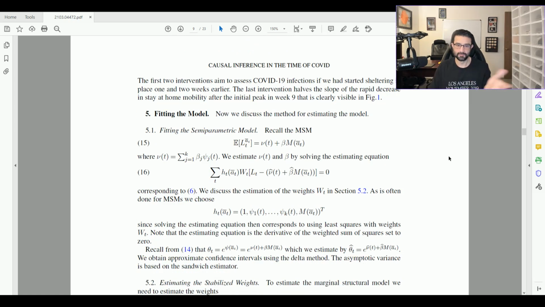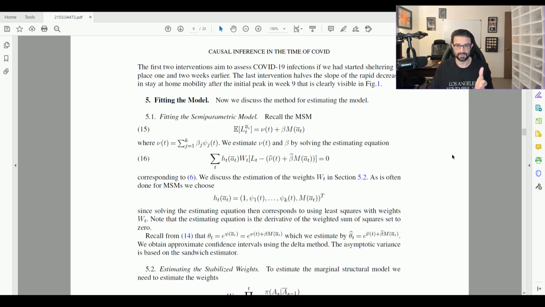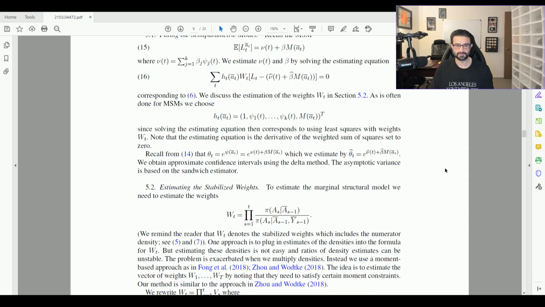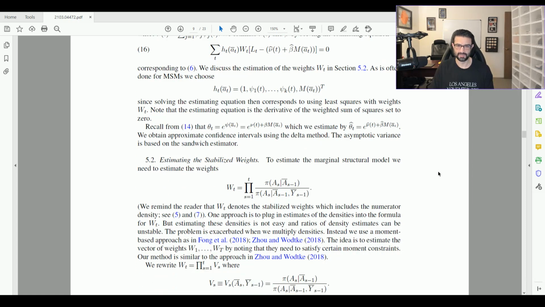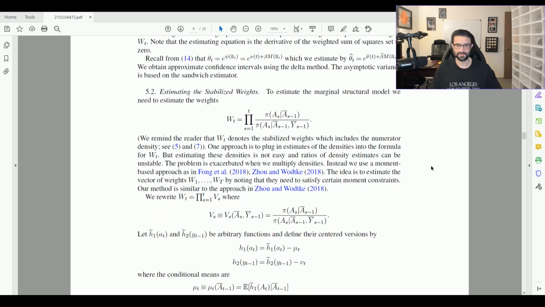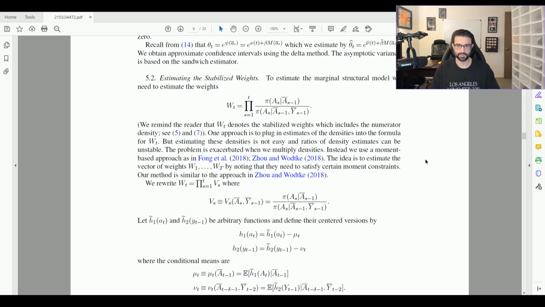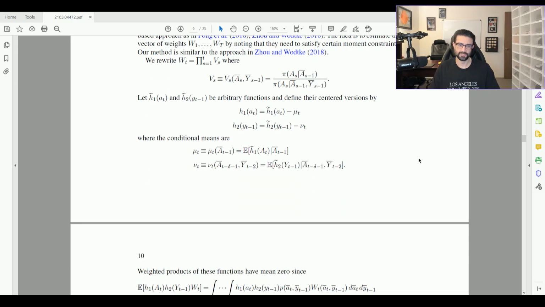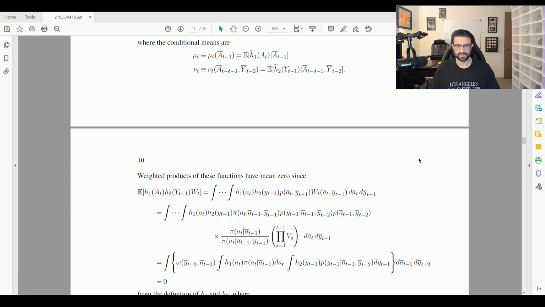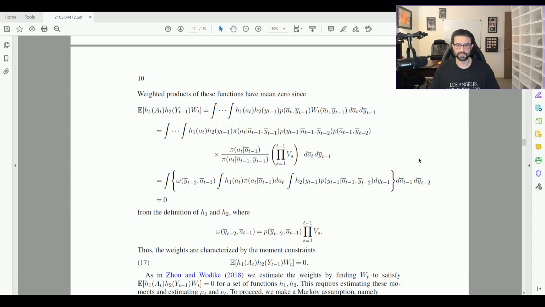Now, fitting, this is pretty well established. You understand fitting. You understand semi-parametric models, stabilization. You understand this. So I'm going to gloss over this quite a bit from a conceptual standpoint, because this falls in line more with what you're used to in machine learning.